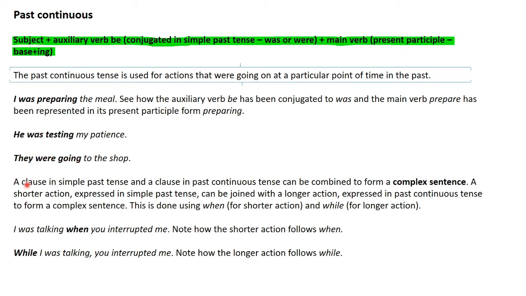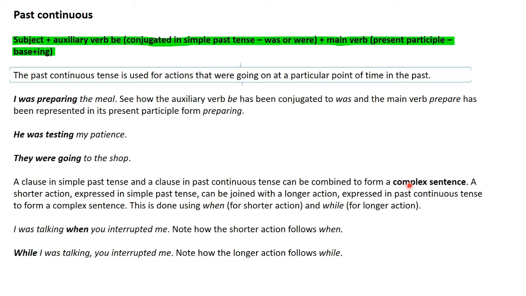Now this is an important point to note here, that a clause in the simple past tense and a clause in the past continuous tense can be combined to form complex sentences. We have already seen the simple past tense and we have already seen the past continuous tense. A complex sentence is a sentence that has a dependent and an independent clause. There are two clauses in a complex sentence.